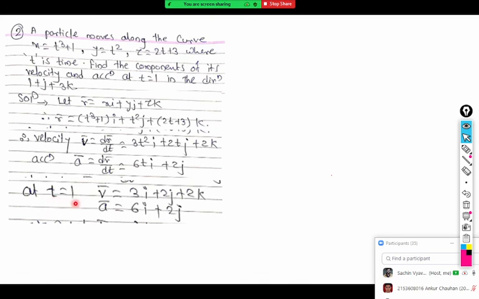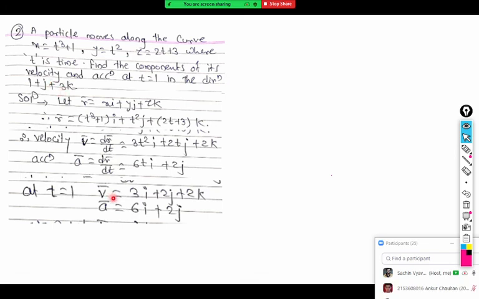Now the last step: projection. Yes, we want the projection of this v bar and a bar vector in this direction. Suppose I denote this direction by vector b bar. What is the projection of v bar on b bar? v dot b divided by magnitude of b.